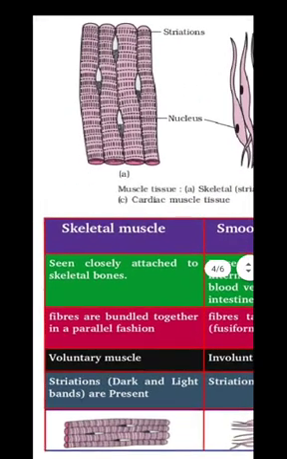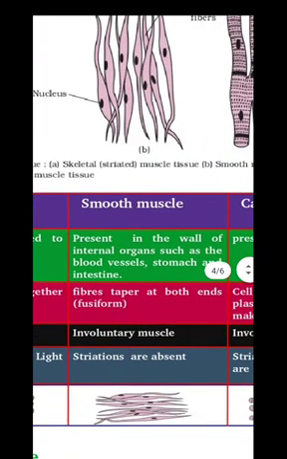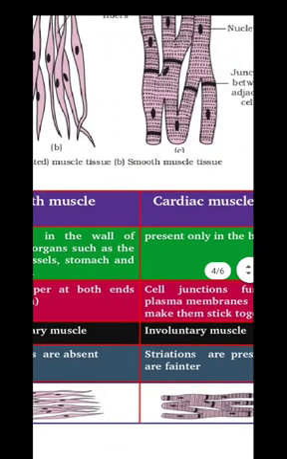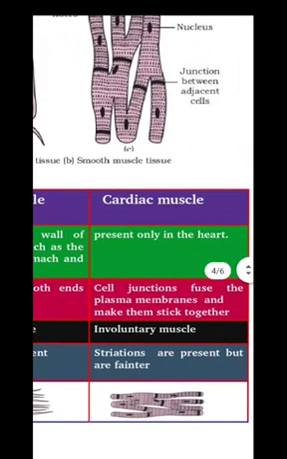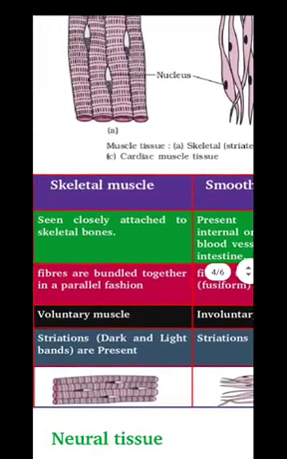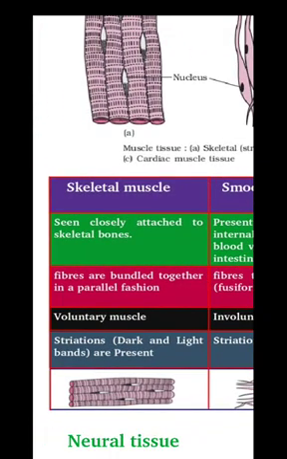Now let us look at the differences between these. Skeletal muscle is attached to skeletal bones, smooth muscle is present in the wall of internal organs such as blood vessels, stomach and intestine, and cardiac muscle is present only in the heart. In skeletal muscle, the fibers are bundled together in a parallel fashion.